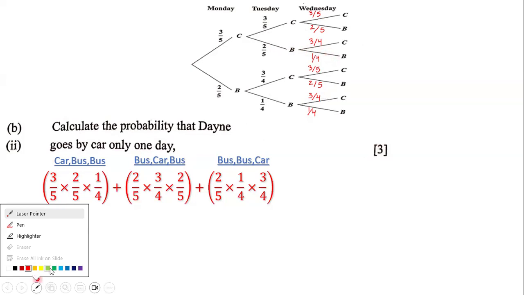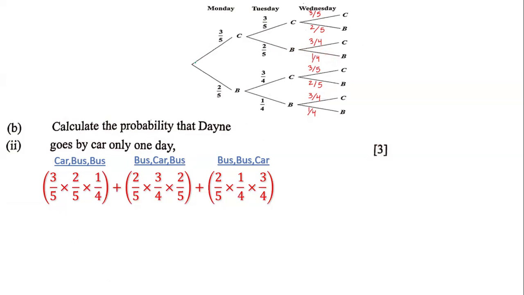Car here is going to be 3/5, that's why we have 3/5 here. And then he takes the bus, so the bus here is going to be 2/5. And then he takes the bus again, so the bus is going to be 1/4. So that's one way that it could happen.